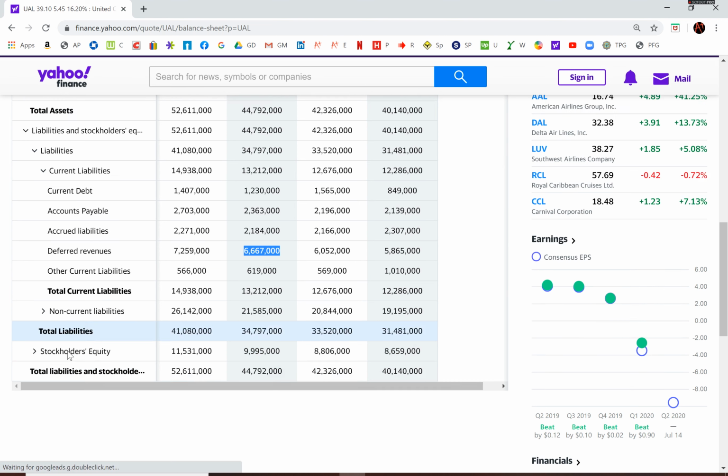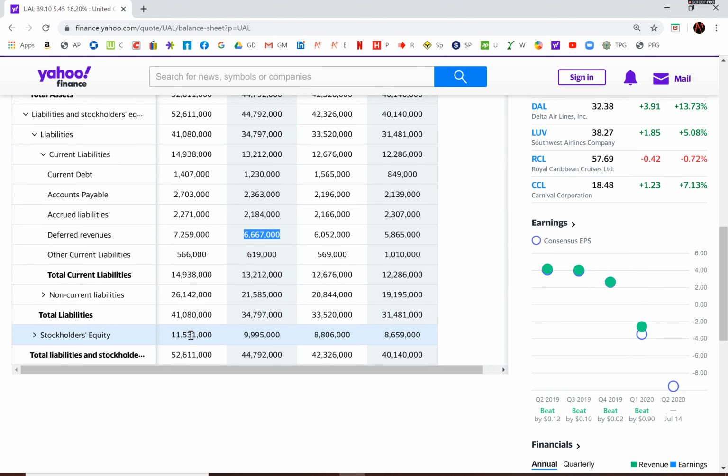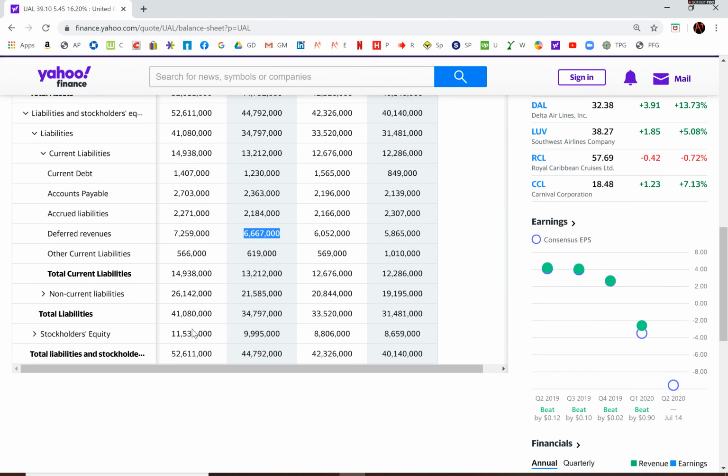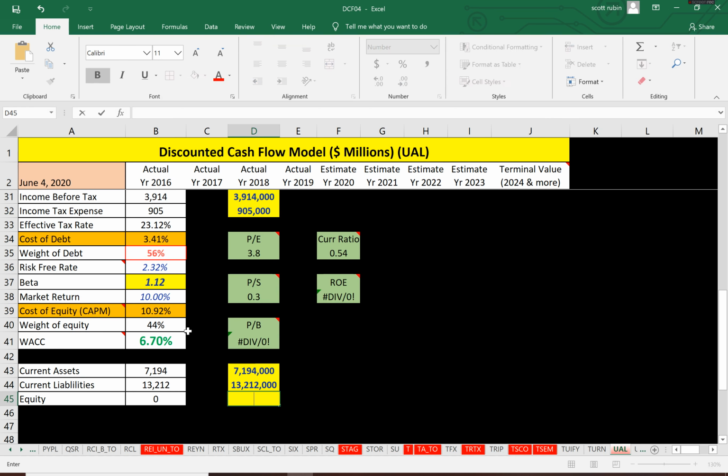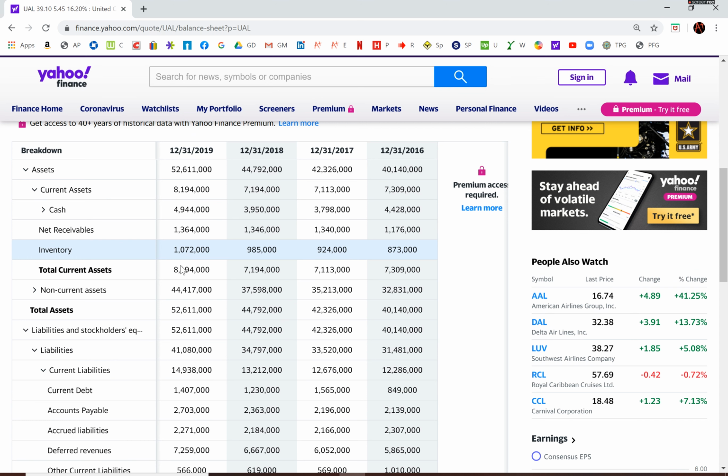Now we need equity, which is the value of the company. And that's $11.5 billion. Let me just make sure I got.